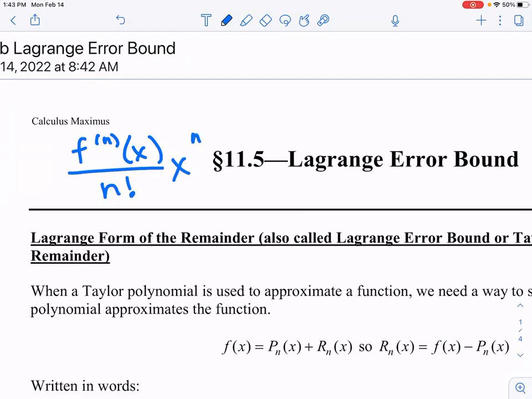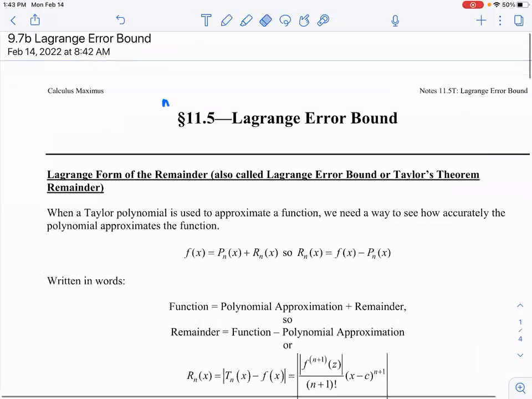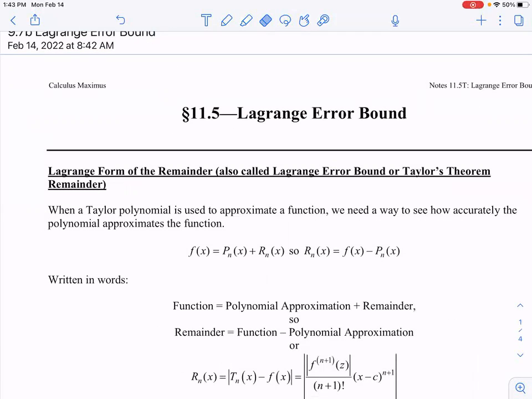Do you agree? Okay, so when we talk about using a Taylor polynomial to approximate a function, it's also going to have some sort of error bound, just like when we talked about our alternating series approximating an infinite sum.